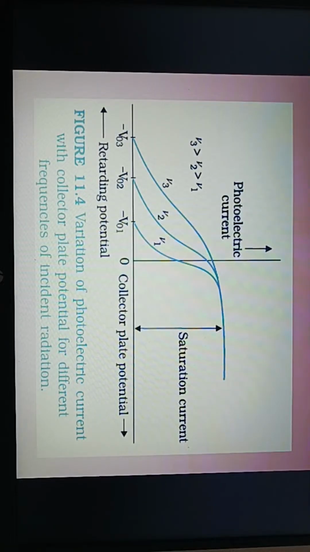One hint I will give you. Electrons are ejected with a kinetic energy of 1 joule, right? Another one is ejected with 2 joules. The third one is ejected with 3 joules. Which will need more energy to stop, more potential to stop?